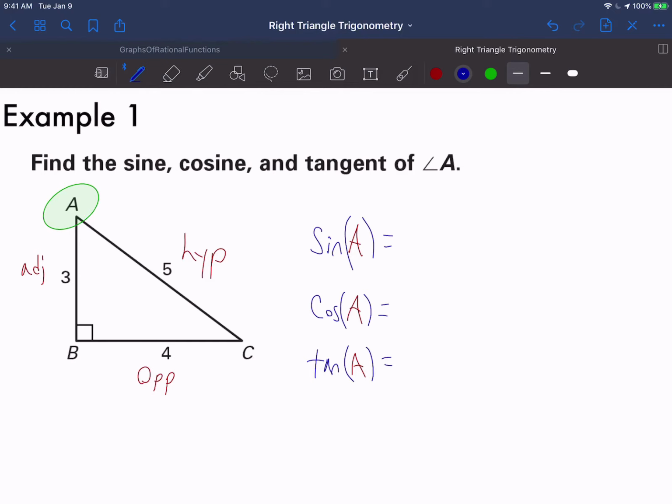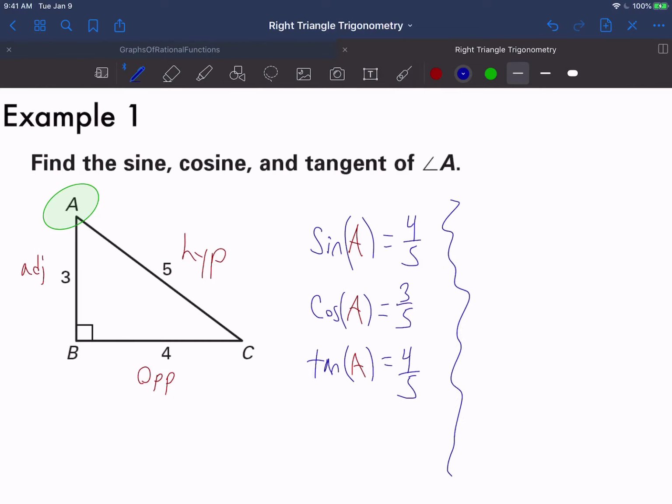So for a 3, 4, 5 triangle, it's a Pythagorean triple, familiar. The sine of angle A in this case, that's across from the 4, will be 4/5. That's opposite over hypotenuse. Cosine will be 3/5. Tangent would be 4/3. Okay, that's relative to angle A.